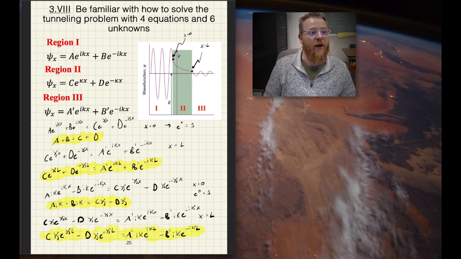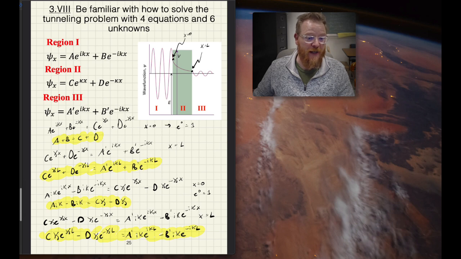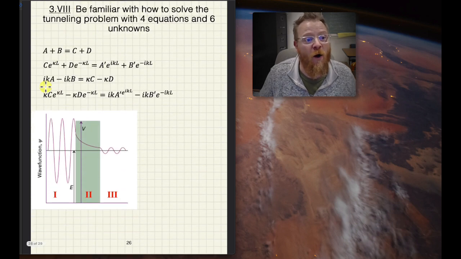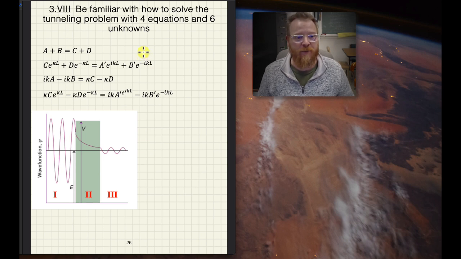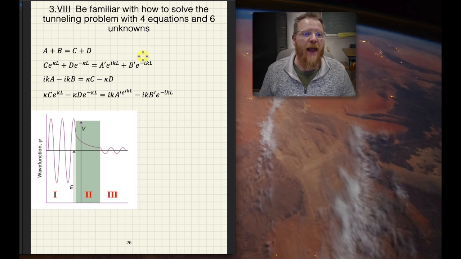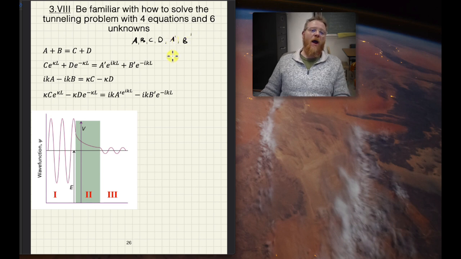And if you count it up, we've got 6 unknowns. So let's check that out. So here are all of those written out again, much easier to read. And our 6 unknowns are A, B, C, D, A prime, B prime.